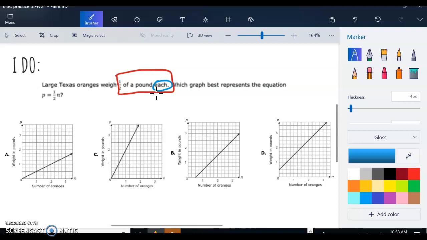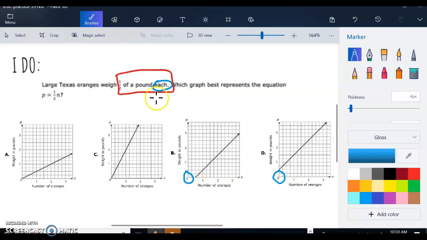So right off the bat, I can go ahead and eliminate two answers. If you look back on your lesson, on your slideshow, it says that whenever we're dealing with an equation that has a multiplying relationship like we do here, our line is going to pass through the origin, which is 0, 0. It's this little corner right here, okay? We're going to be paying attention to this little corner right here.